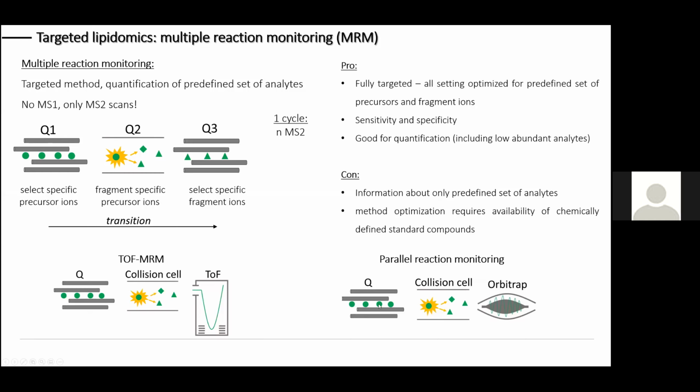The quadrupole will select, the collision cell will fragment, and the Orbitrap will resolve and measure all our fragment ions. So for multiple reaction monitoring, TOF MRM and parallel reaction monitoring, the cycle time always consists of several MS2 events, depending on the number of predefined analytes we are looking for.